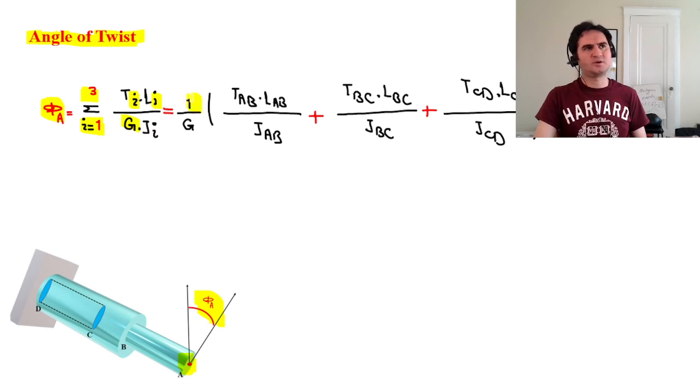So G comes out for all of them and we can factor it out. That's TAB times LAB over JAB plus TBC times LBC over JBC, added up with each other. Likewise, the torsional torque of CD from the free body diagram times the length of CD over J of CD.